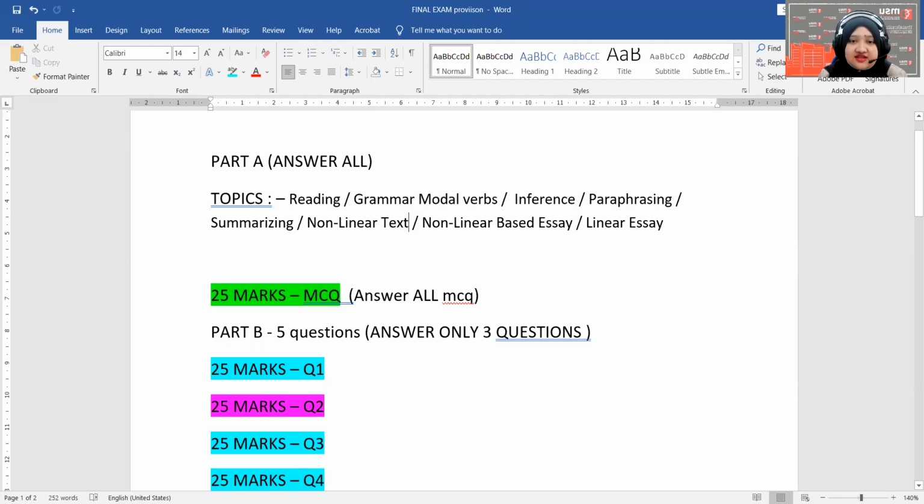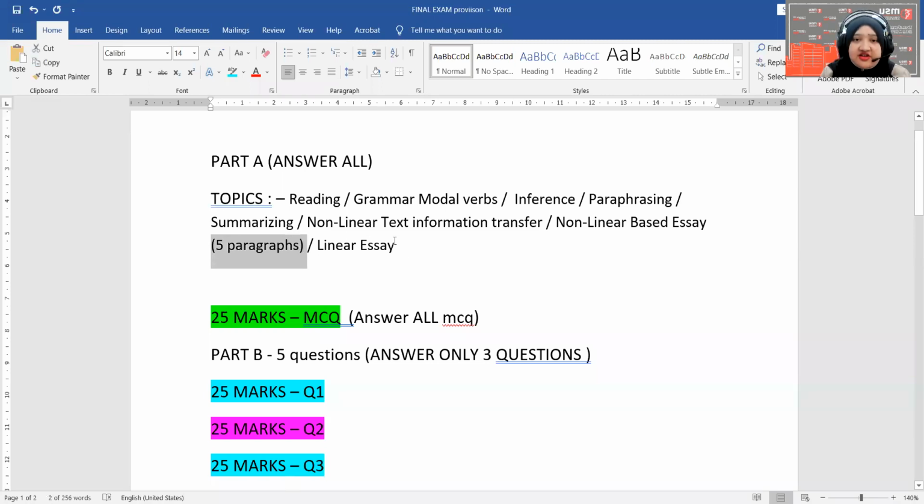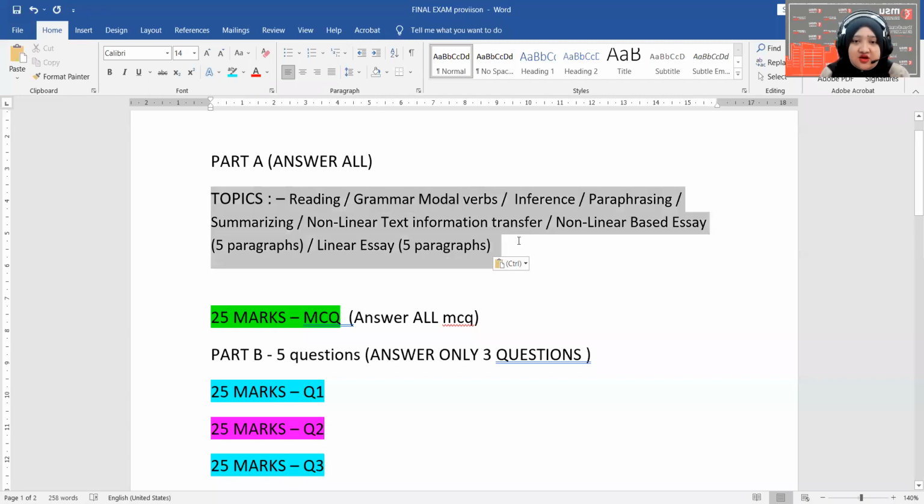Let me just type that down for you. Non-linear text information transfer, non-linear based essay, where you need to write in 5 paragraphs. And a linear essay where you also need to write in 5 paragraphs. So basically in this semester, these are the topics that we have covered.